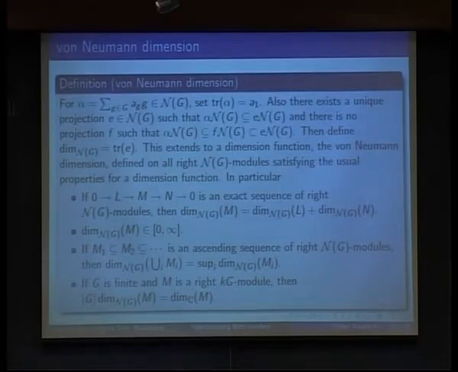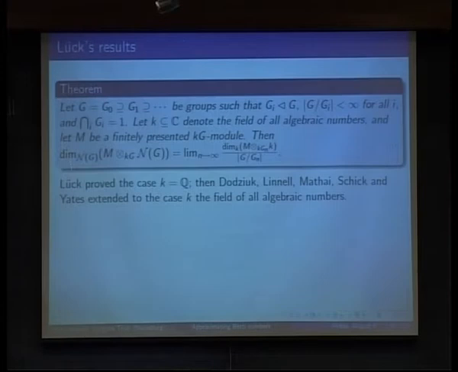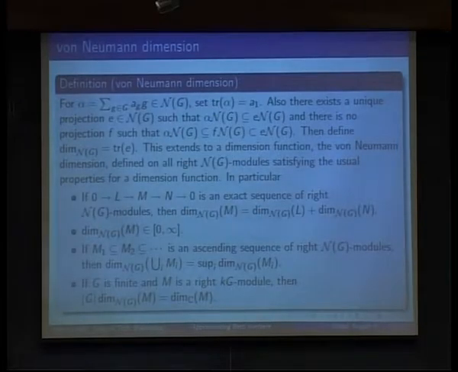In other words, if you have another projection F such that F N of G is strictly smaller than E N of G, then that can't happen if it contains alpha N of G. Then you define the von Neumann dimension of alpha N of G to be the trace of E.